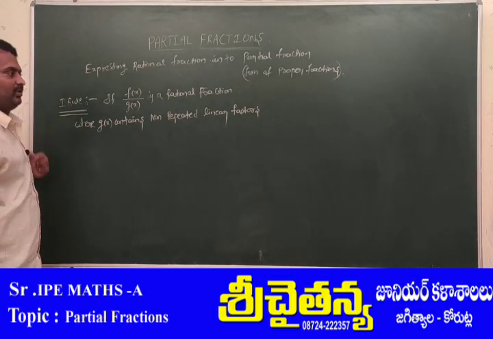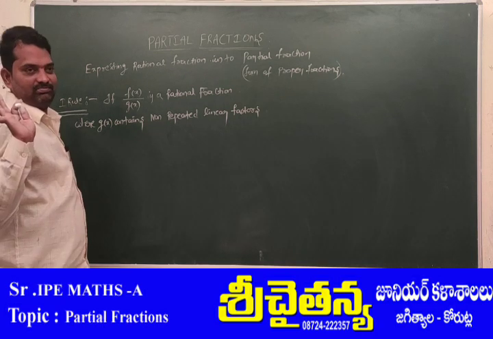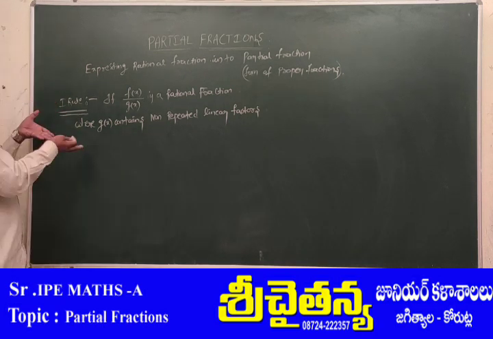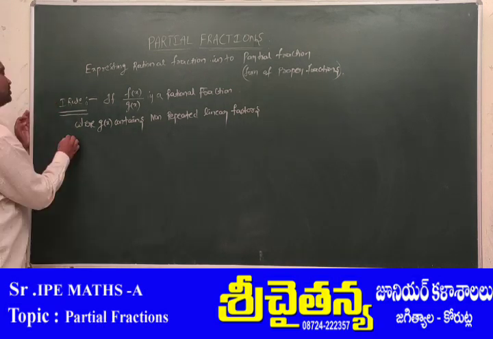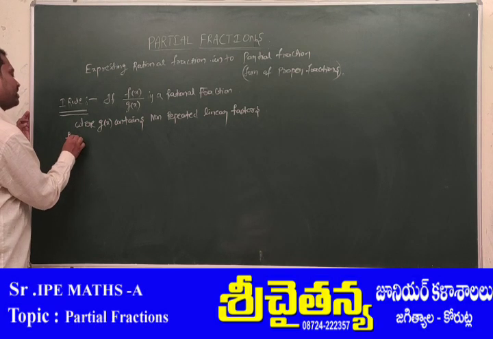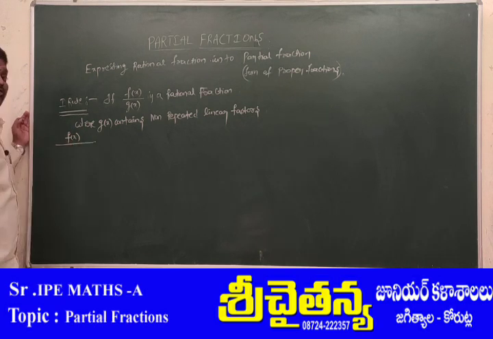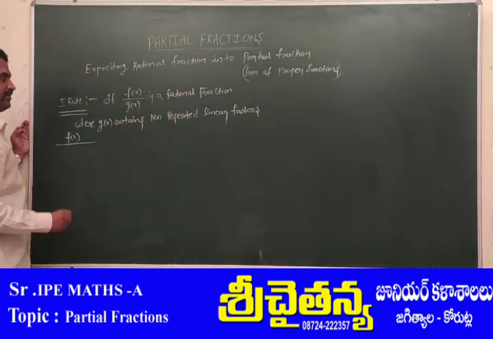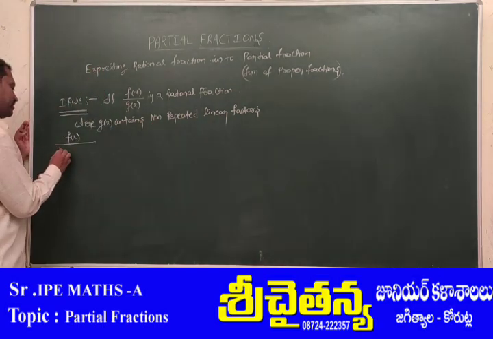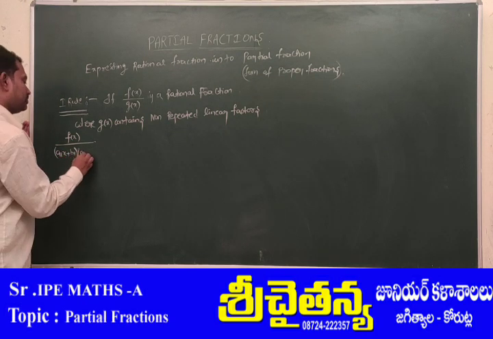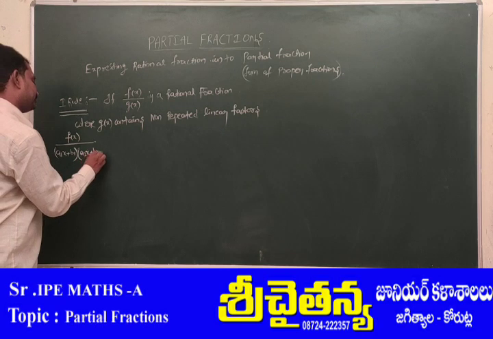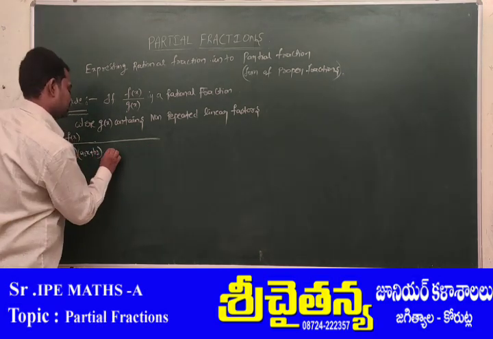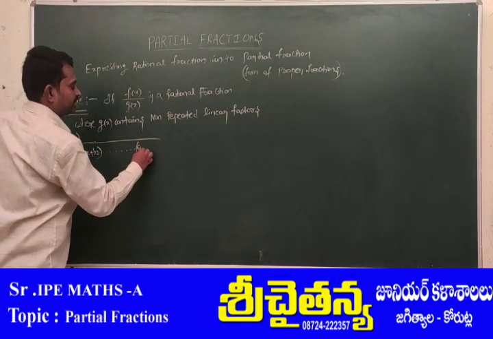This is the first rule. All of you may not have understood, so I will write this in a mathematical way. f of x is any polynomial, but g of x contains non-repeated linear factors. That means I am writing here a1x plus b1 into a2x plus b2 up to anx plus bn.